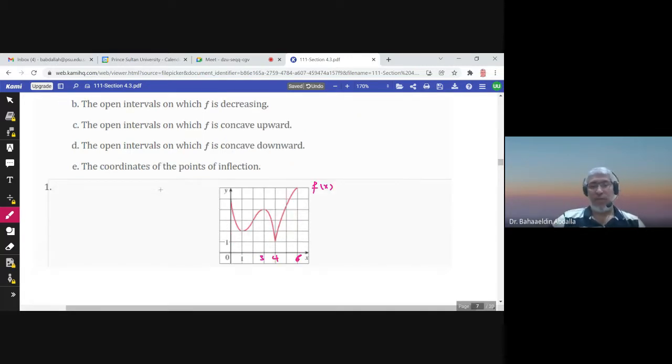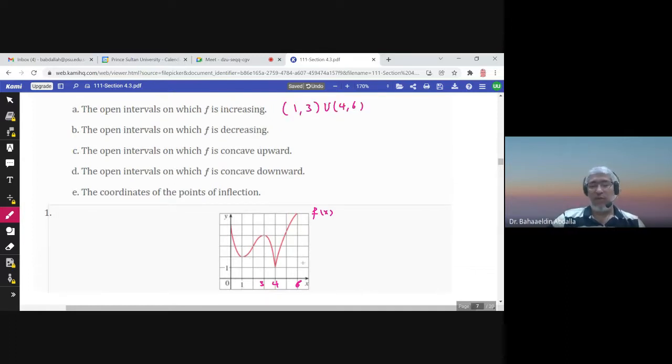Decreasing, we said decreasing from 0 to 1. You write the coordinate here on the x-axis. Okay, from 0 to 1 on the x-axis, the function is decreasing. From 3 to 4 on the x-axis, the graph is going down. Okay, this is how we find the intervals of increase and decrease. Concave up.